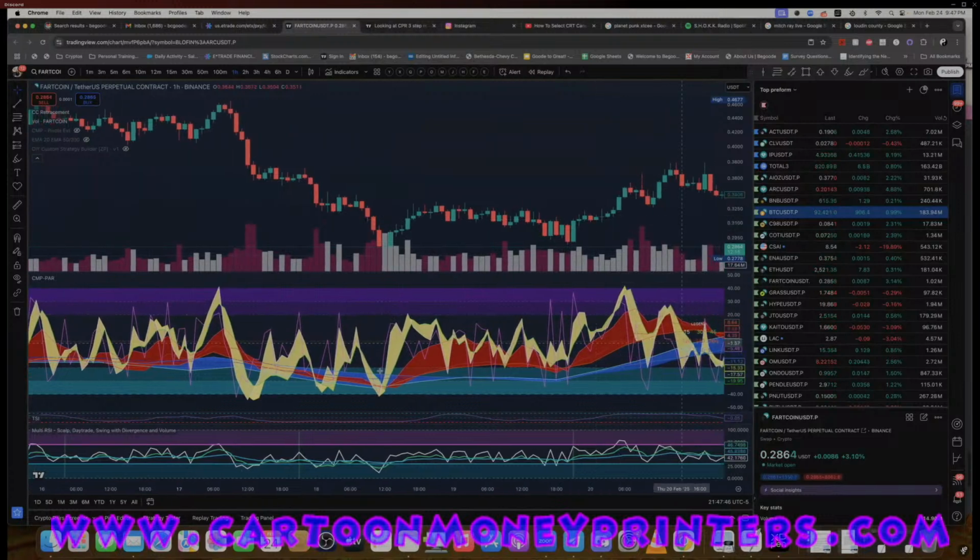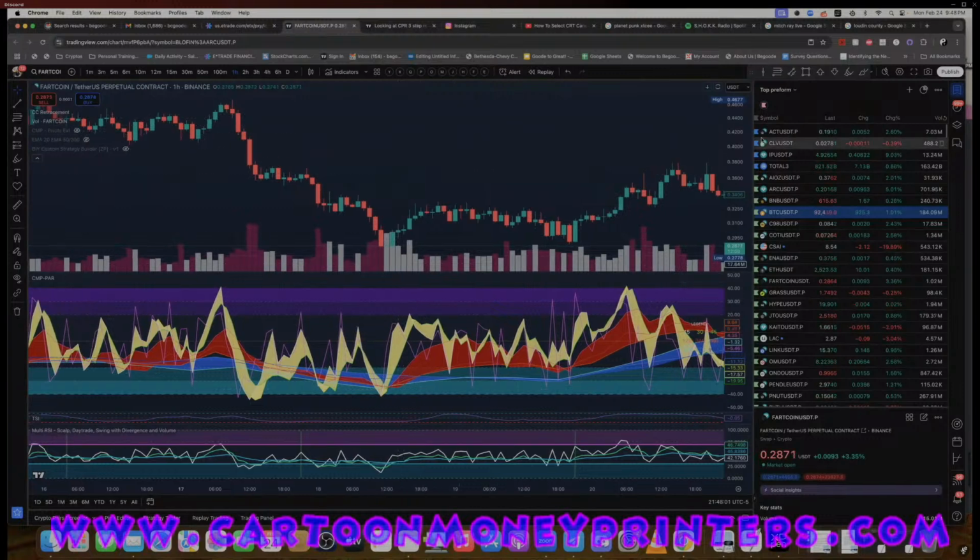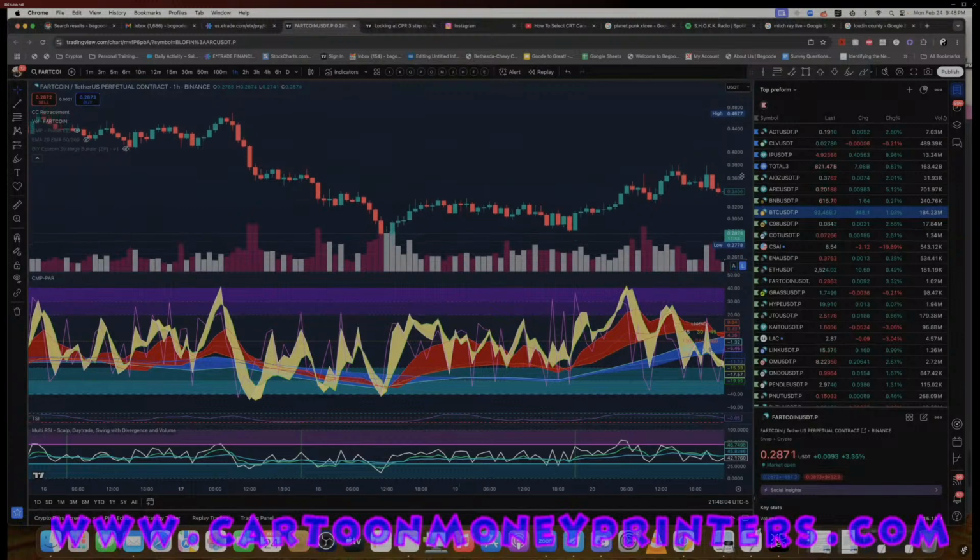Now here, I'm going to show you the difference between this spike and this spike. Here it was clear that the 4-hour was now coming up. It actually made a, it's not a bull div. I thought this might have been a bull div, but this price is actually higher. But it doesn't matter.